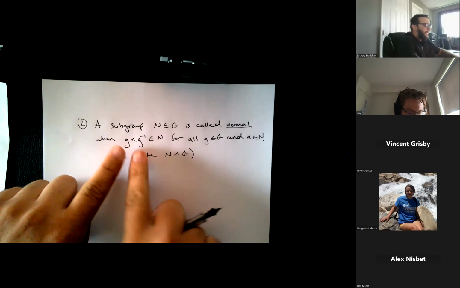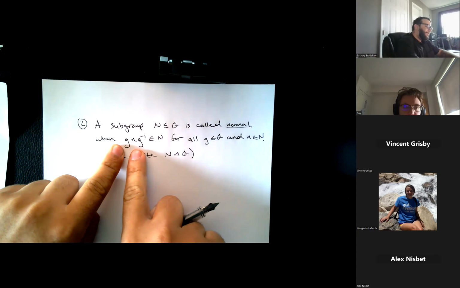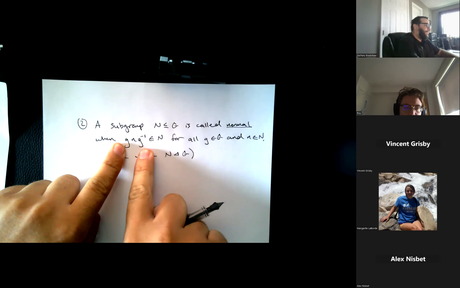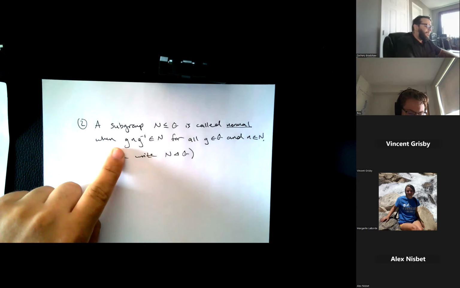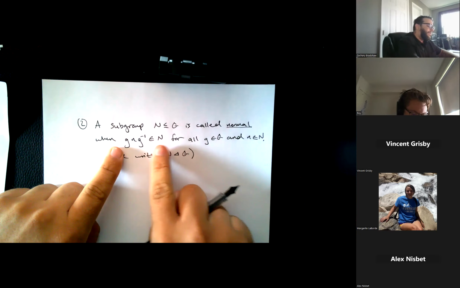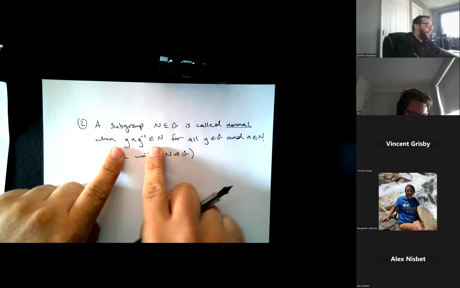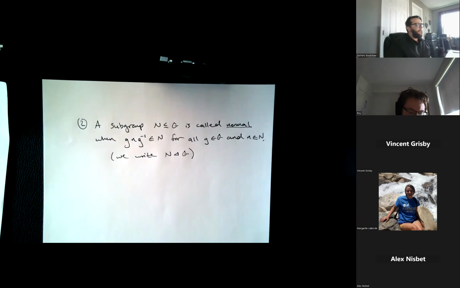So this operation here is called conjugation. So N is being conjugated by g. And what this says is that a subgroup which is closed under conjugation is called normal.